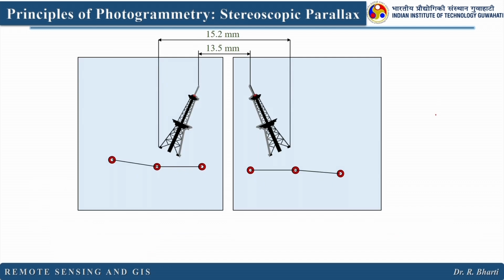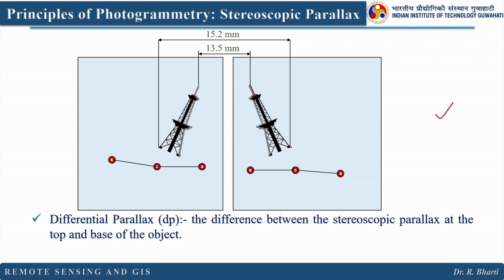Here is another example where the base distance is different and the top distance is different, because in both the images none of them were vertical photographs. When you have such images, you can always calculate the distance between these two, and you can always calculate the distance between the bottom.